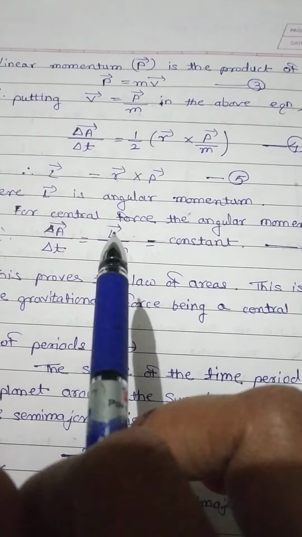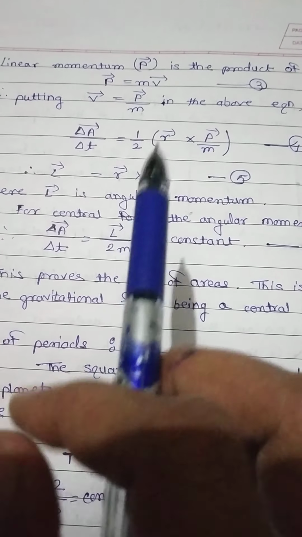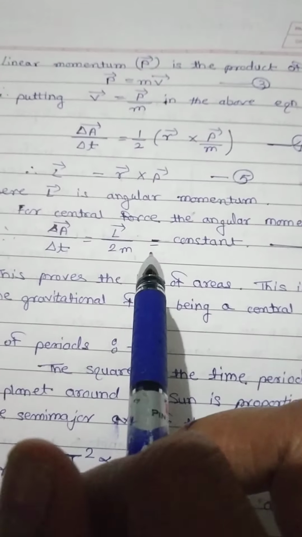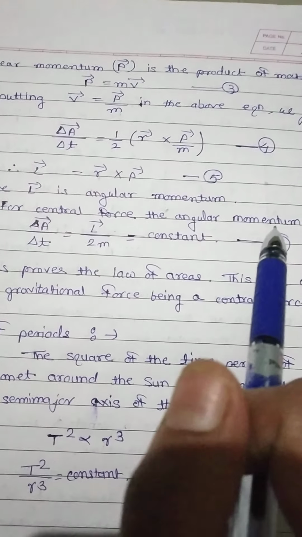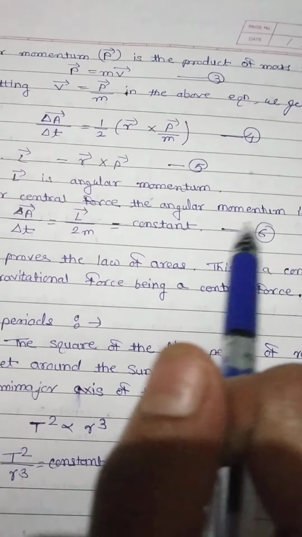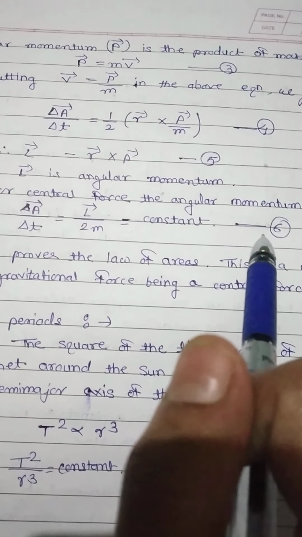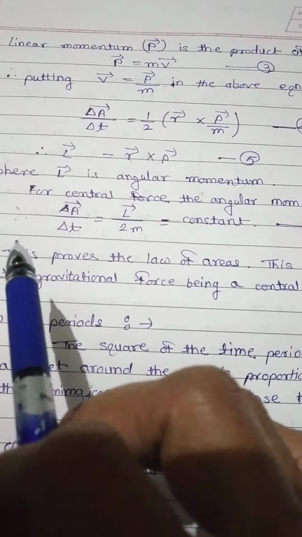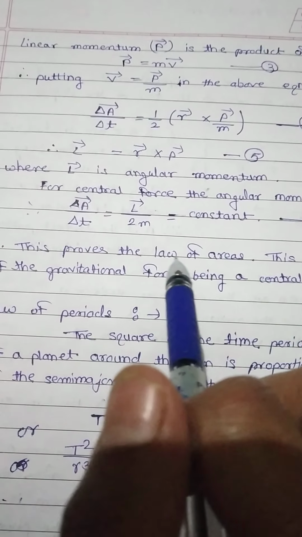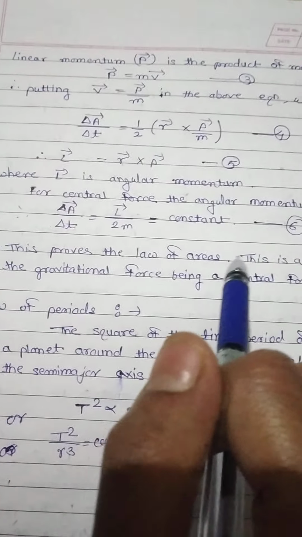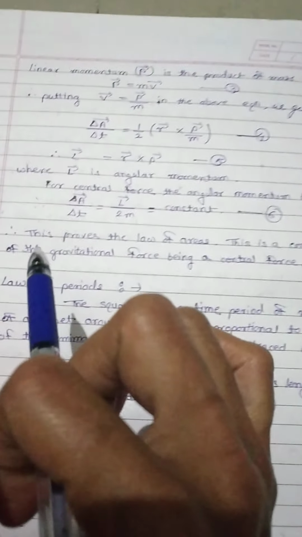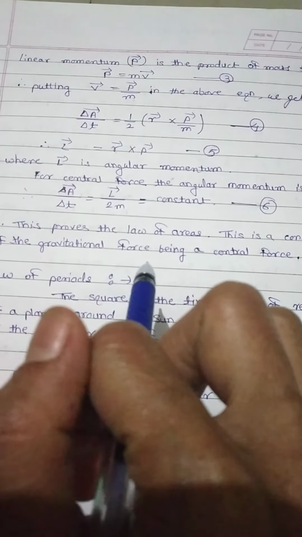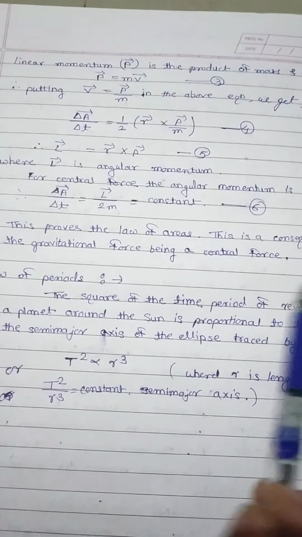Putting in the values, L vector upon 2m is equal to a constant. Why constant? Because angular momentum is conserved. So this is equation number 6, and this proves the law of areas. This is a consequence of the gravitational force being a central force.